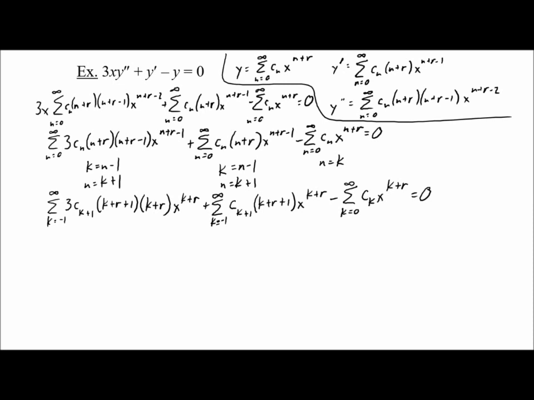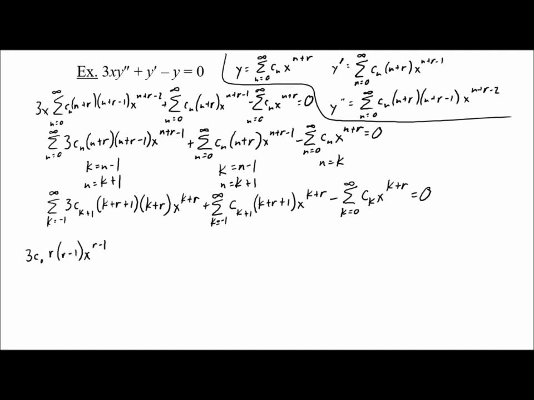Okay, we've now made them so that all the x's are to the same power, right? Great. Next thing we had to do was take out the earlier terms so that they all start at the same k. So notice in the first term, I need to take out the term where k is negative 1. So for that first term where k is negative 1, that's going to say 3c0 times, when k is negative 1, it'll be r times r minus 1, x to the r minus 1 power.